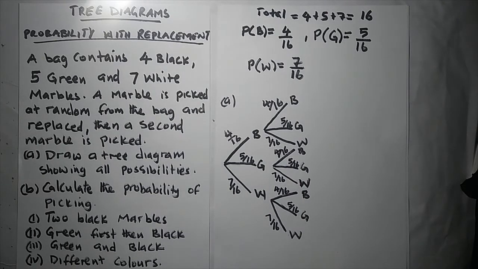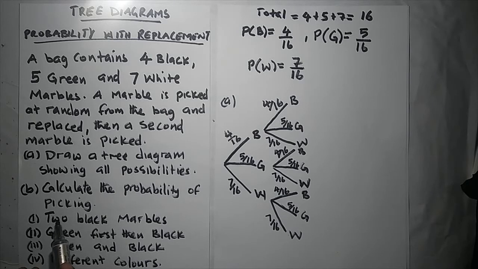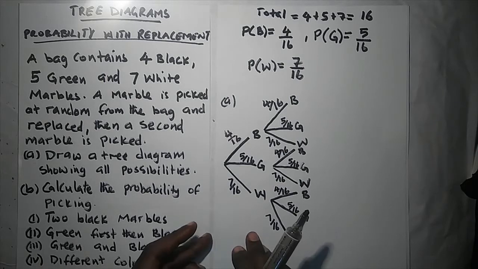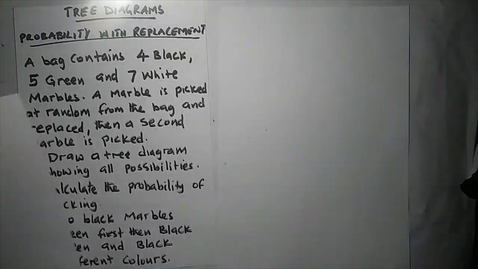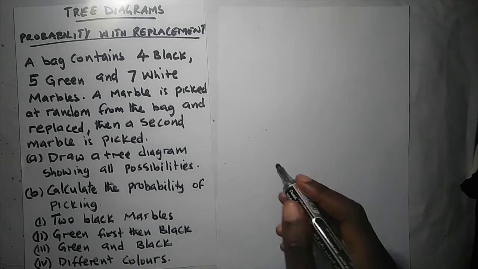So now we are going to use our tree diagram to answer the questions that are following here. For example, we have B, part 1 of B, which says calculate the probability of picking 2 black balls or 2 black marbles. Okay, so here we are going to calculate the probability of picking 2 black marbles.